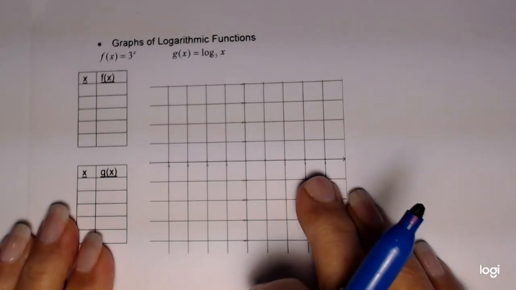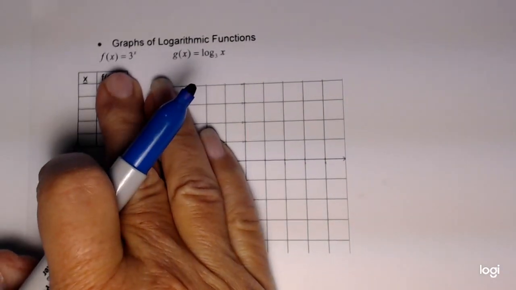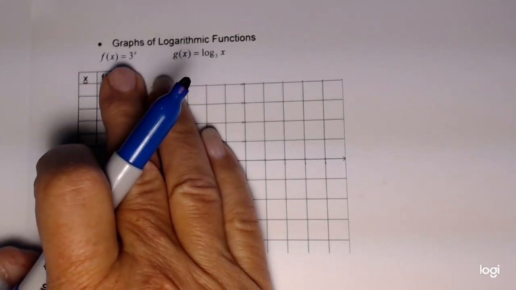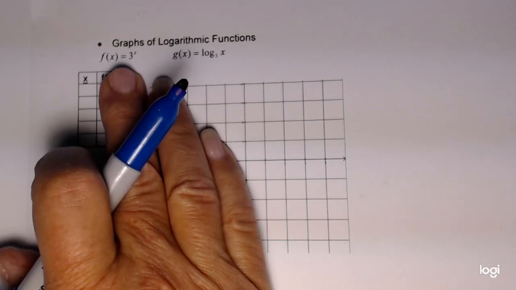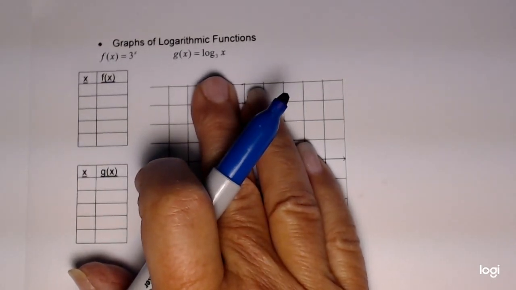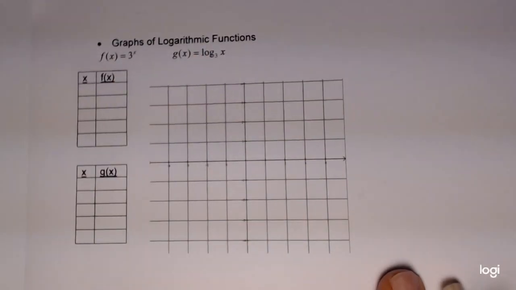Looking at this example, we're going to start with f of x is equal to 3 to the x, a nice exponential function. We're going to find some coordinates, graph them, and then use the fact that g of x is log base 3 of x, is the inverse of this, and switch up our x and y partners in order to graph our log function.